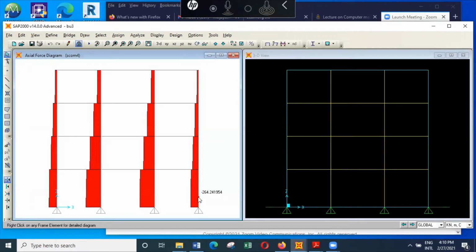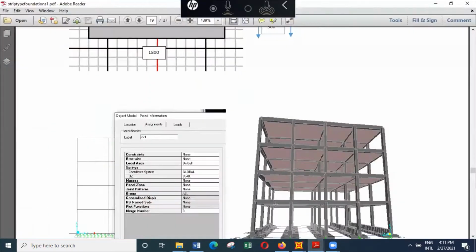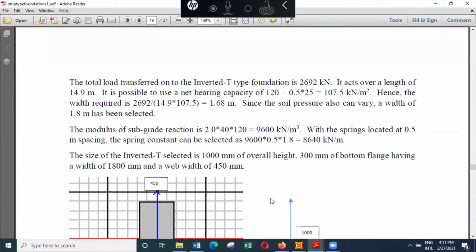On the outer frame, you can see the axial loads are much less. That is 498 plus 261, so that is 498 plus 261 into 2 divided by 107.5 divided by 14.9 will give only a value of 0.94.